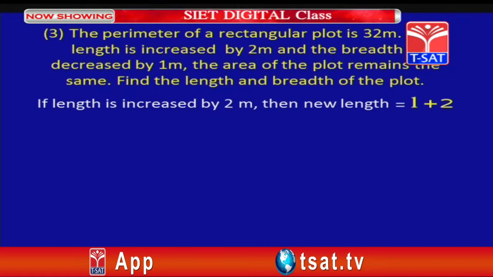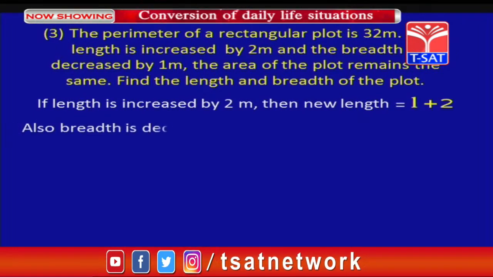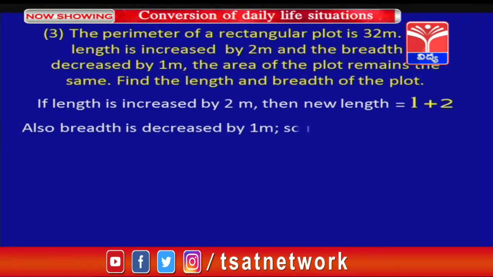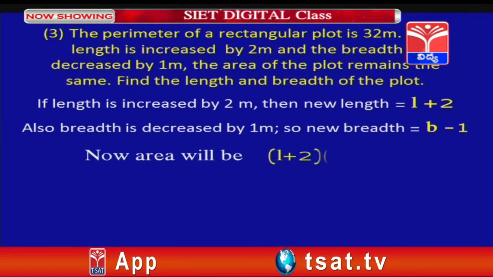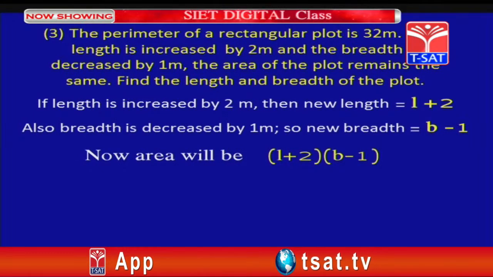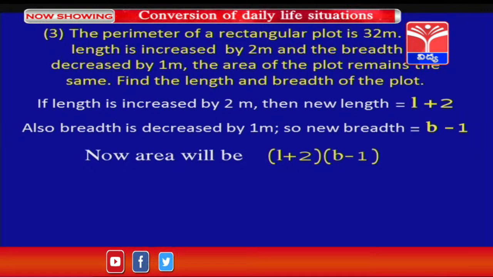If length is increased by 2 meters, then new length is equal to L plus 2. Also, breadth is decreased by 1 meter. So, new breadth is equal to B minus 1. Now, area will be L plus 2 into B minus 1, because you all know the area of the rectangle is length into breadth.